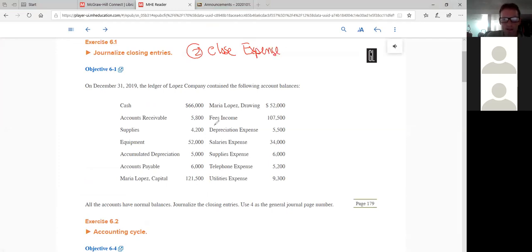All of our expenses are pretty nice and easy on this one. Just look for something that ends in the word expense, and they're all grouped up right there. We've got depreciation, salaries, supplies, telephone, and utilities. Okay, that's our expenses. Just to illustrate, I'll do one of these because I can't write it all out. It's going to take up all the slide. Let's say I'm just going to write out depreciation expense.